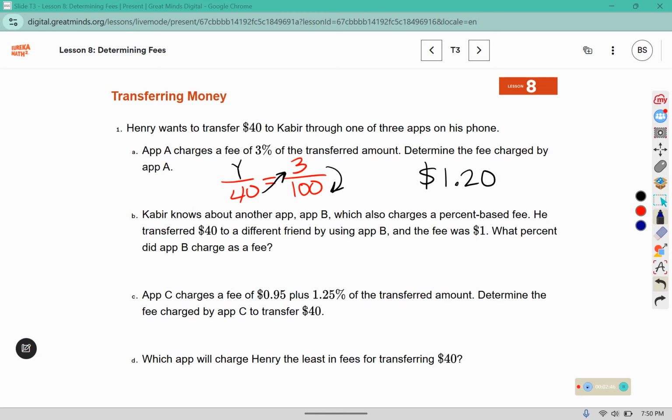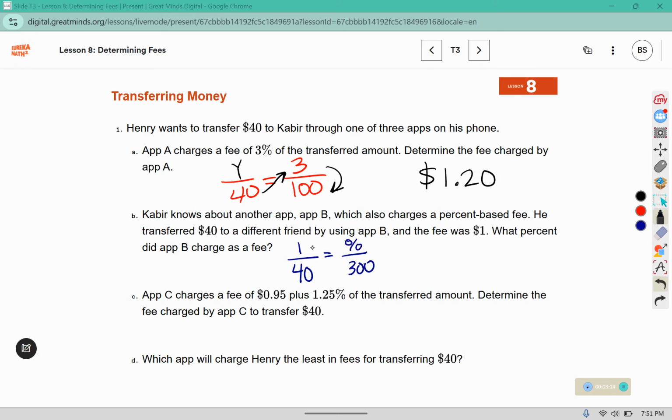B says Kabir knows about another app, App B, which also charges a percent-based fee. He transferred $40 to a different friend by using App B, and the fee was $1. What percent did App B charge as the fee? So $1 is the part, and $40 is the whole or the original. This time we're looking for the percent.